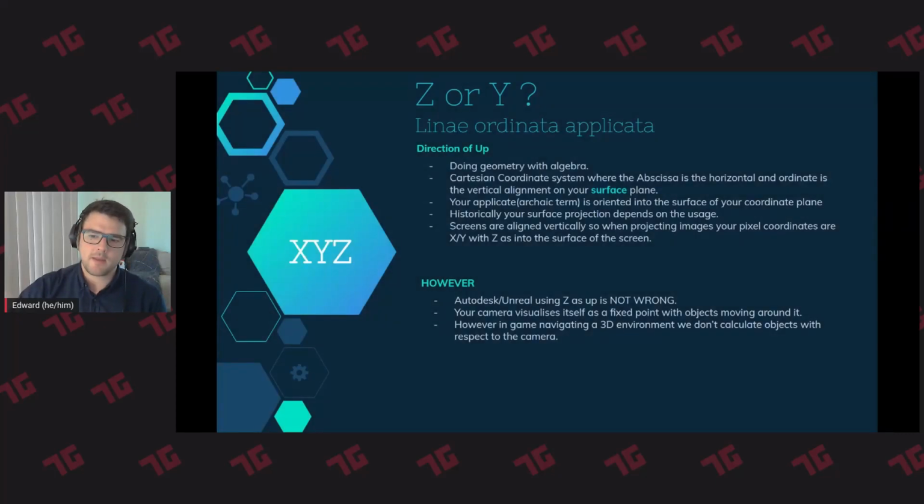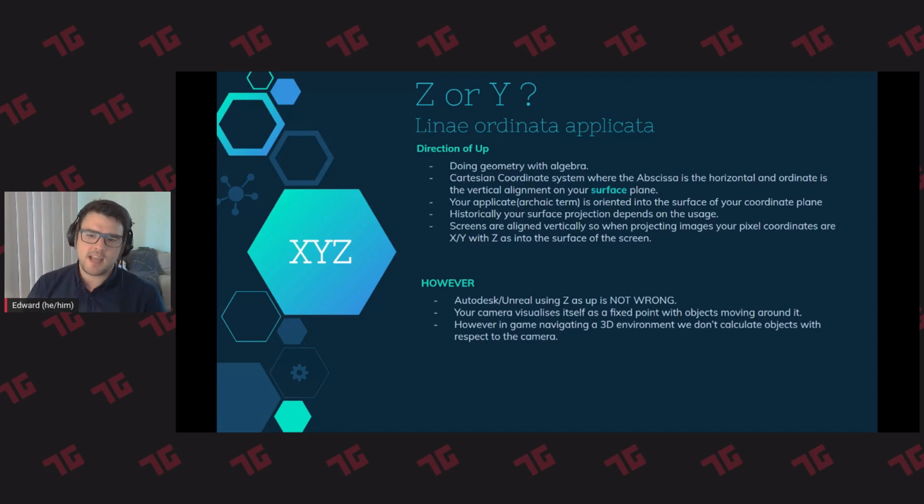So quickly, I'm going to talk about something which I have often joked about, which is the hill that I am willing to die on: which way is up? Is it Z or is it Y? What we're talking about is the Cartesian coordinate system. In this construct, I've used terminology to get us outside of the words X, Y, and Z, which was usually called the abscissa and the ordinate: your 2 primary orientations at 90 degrees to each other, with your abscissa usually being your horizontal and your ordinate being your vertical alignment.